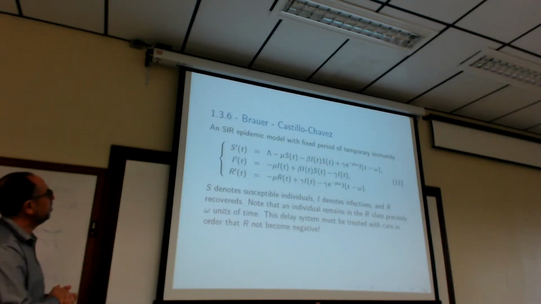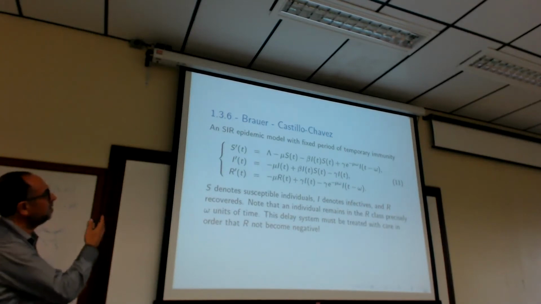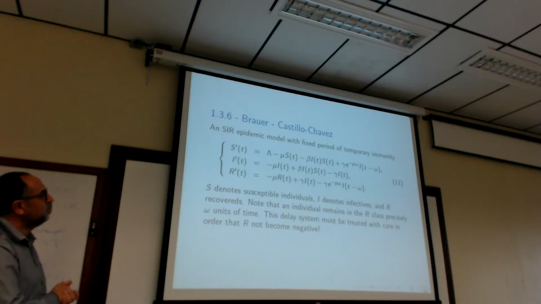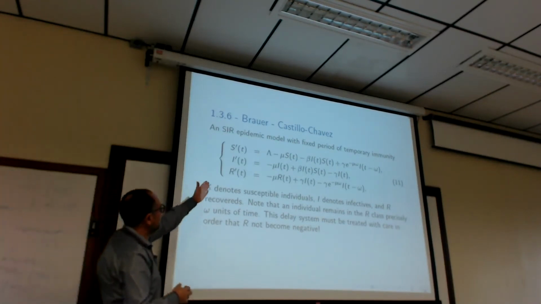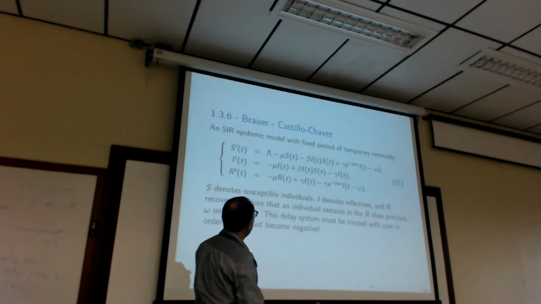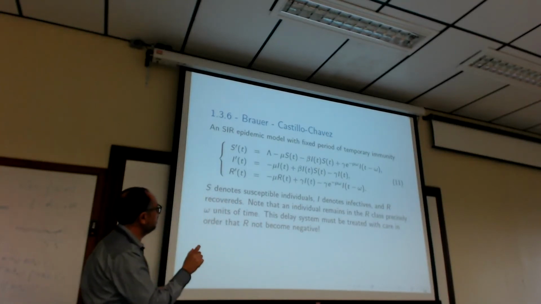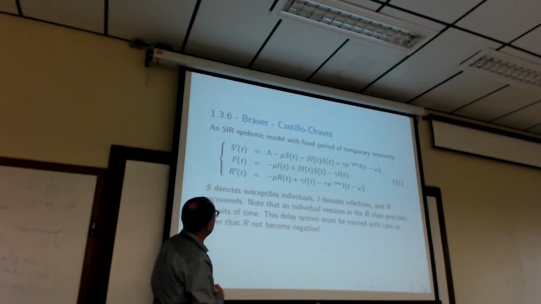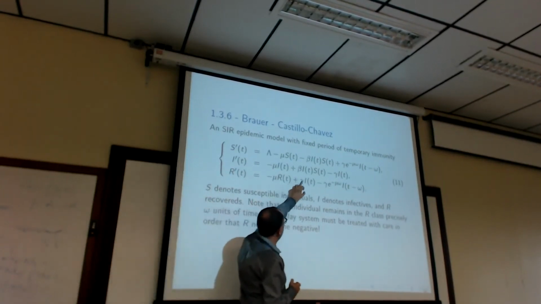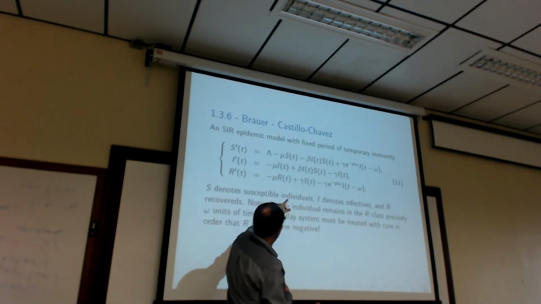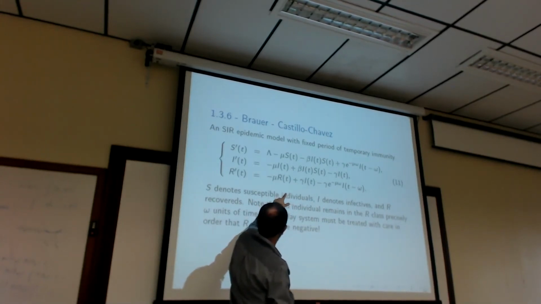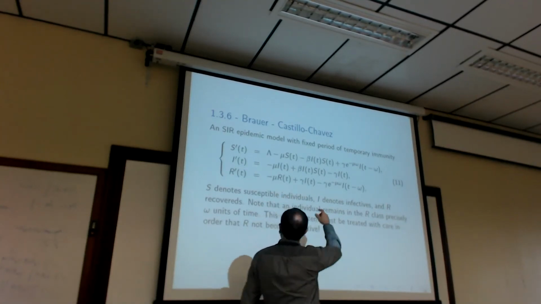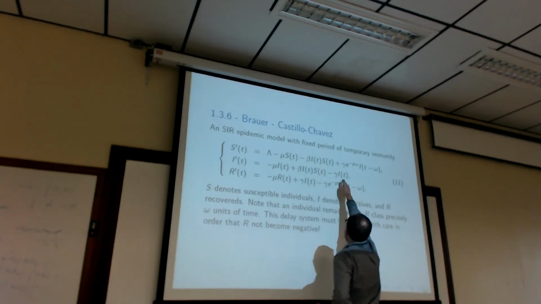This is another SIR epidemic model with delay. Here we consider the immunity period, and the duration of the immunity period is fixed. That means S is susceptible, it becomes infected, and the duration of the infection is omega.